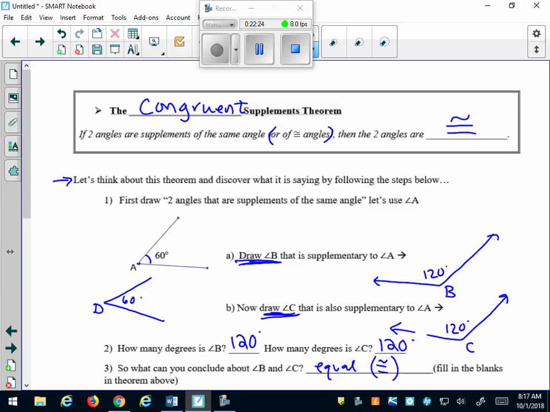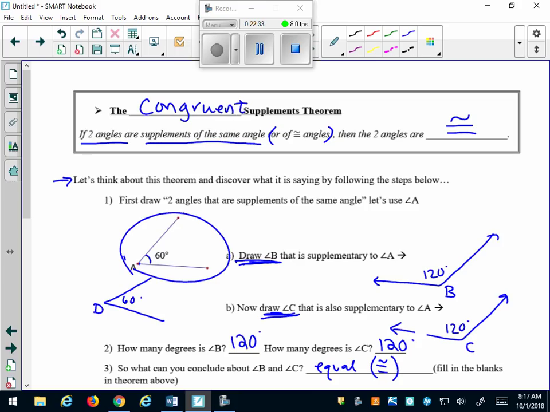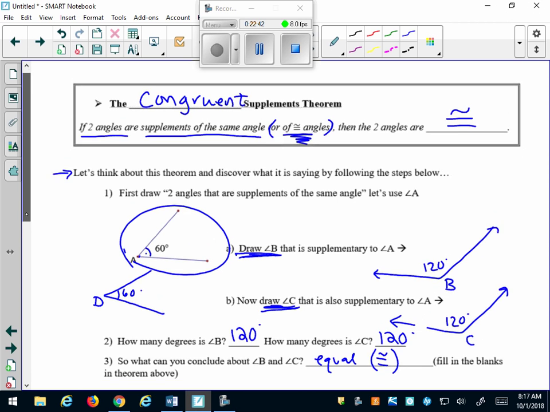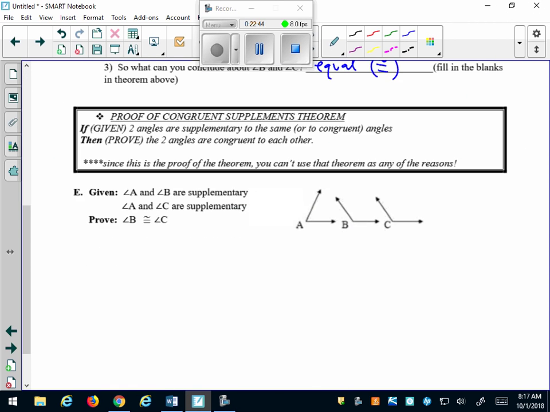So that's what this is saying, that if you have two angles that are supplementary to the same angle, the same exact angle, like we did the first time, angle A, or of congruent angles, like the second time, two angles A and D which were congruent to each other, this theorem still works, as if it's the same angle.